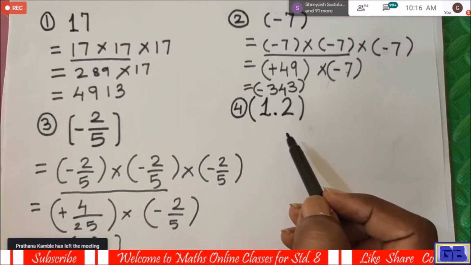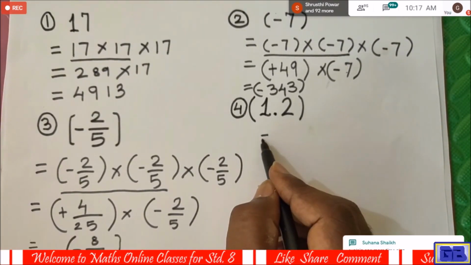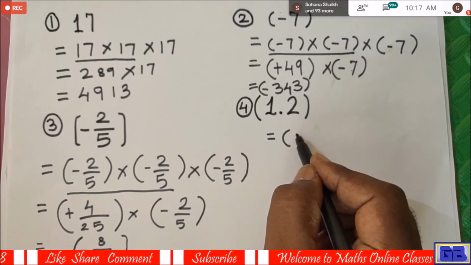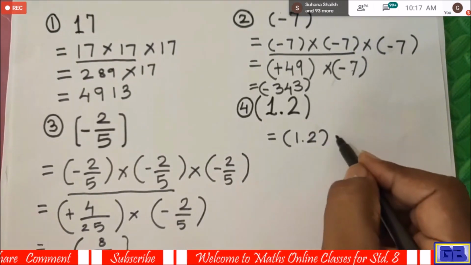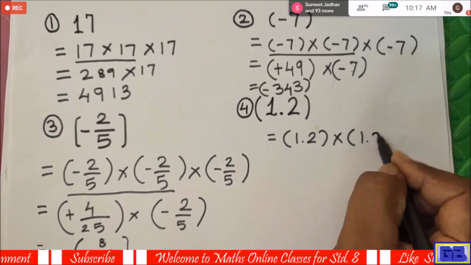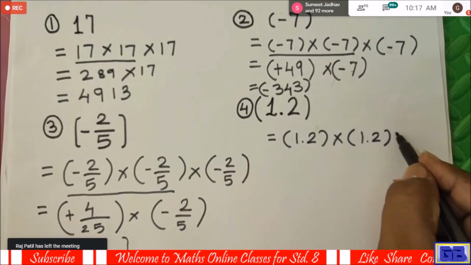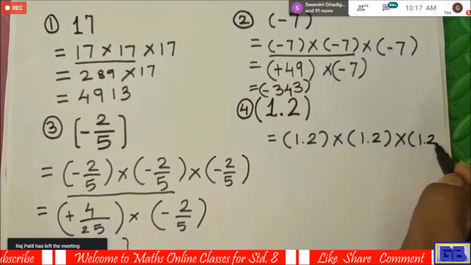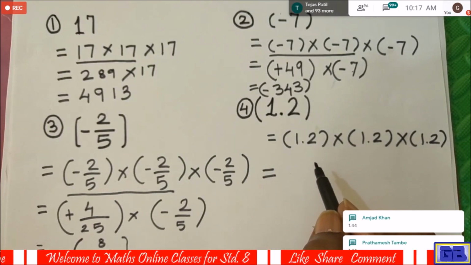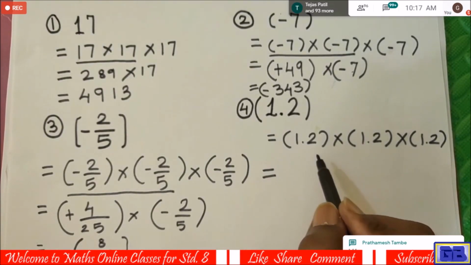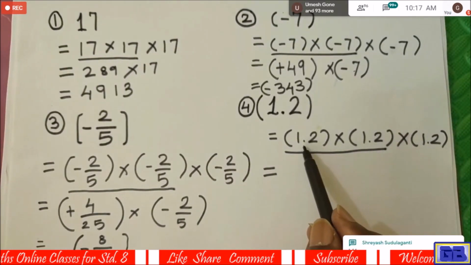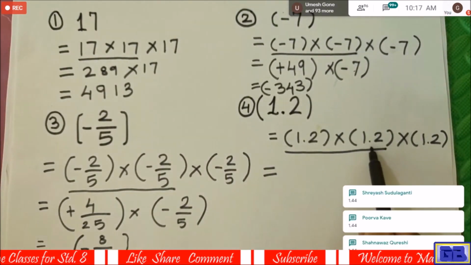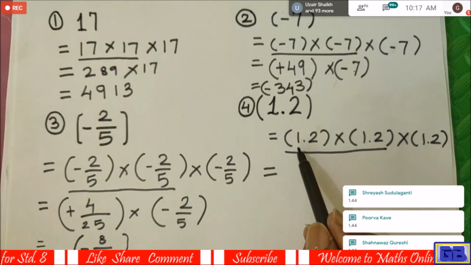1.2. A decimal number is there. Take this number 3 times: 1.2 into 1.2 into 1.2. Yes, correct. 1.44 is the multiplication of these two numbers. If there were no decimal point, then the number would be 12.